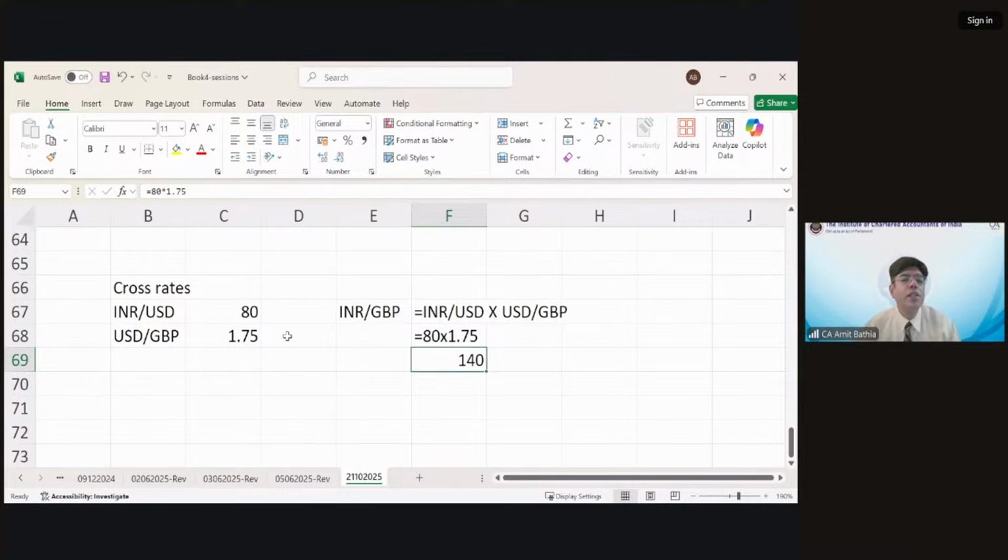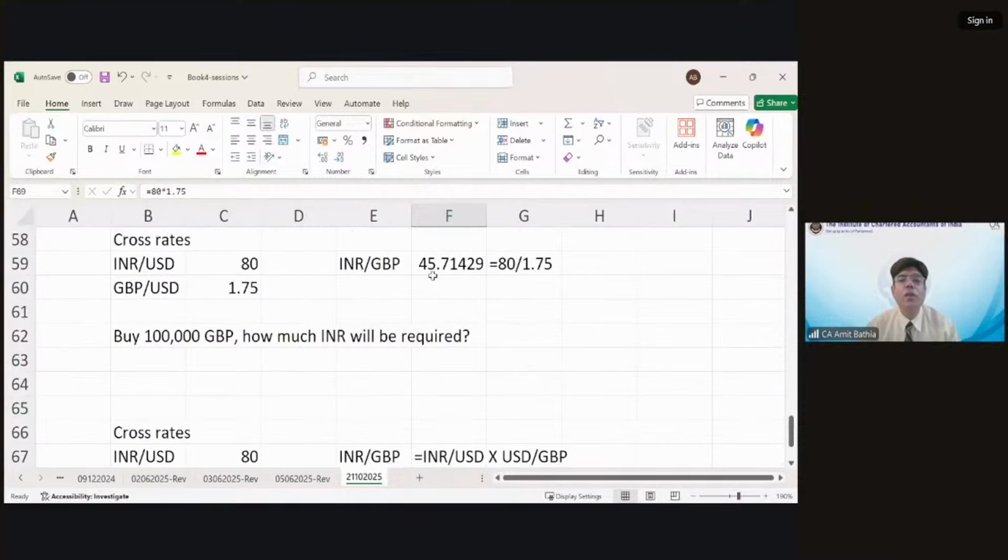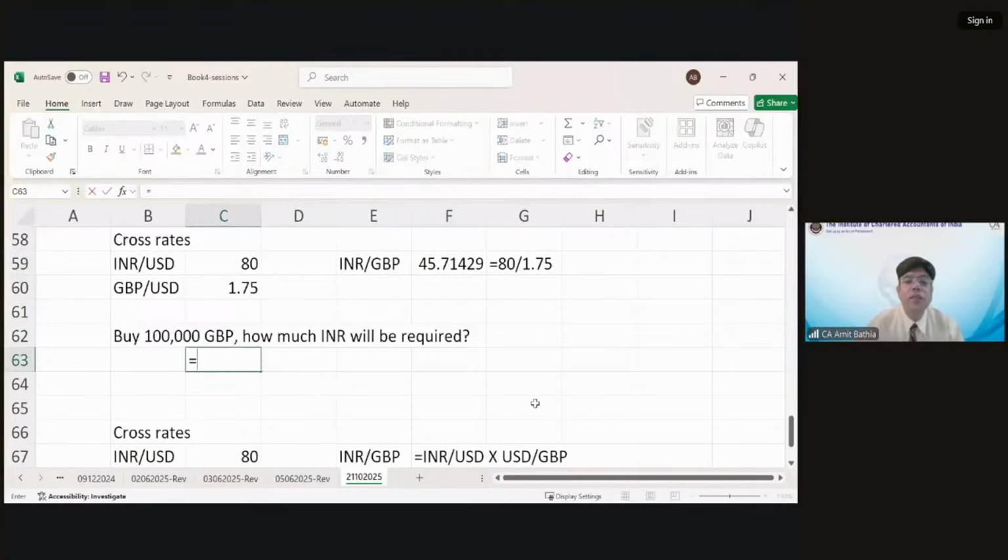This is how you essentially calculate the cross rates. Now, once you have got the rate, you can easily find how much you need to buy 100,000 GBP. In the first case, the rate you found is 45.71, so just multiply 45.71 into 100,000 and you will get 45,71,429.